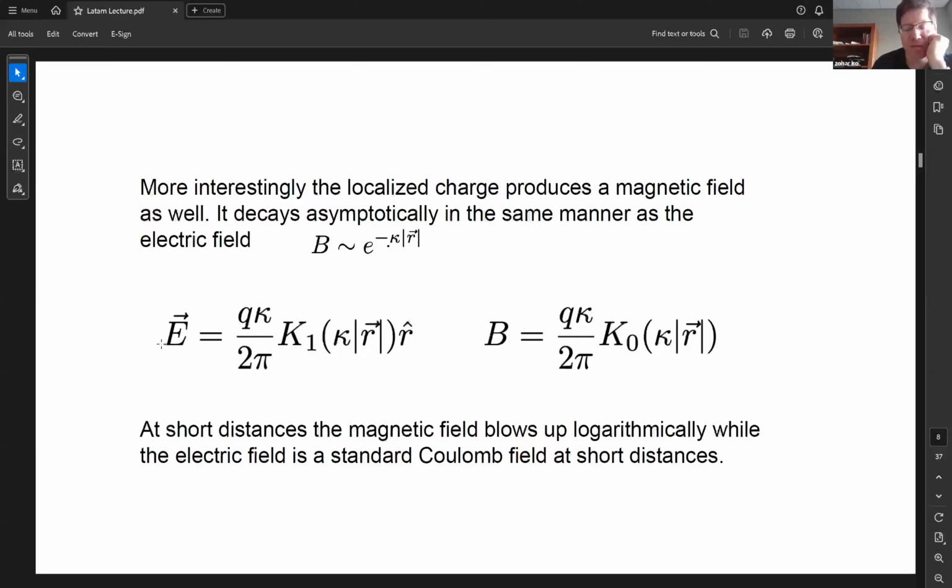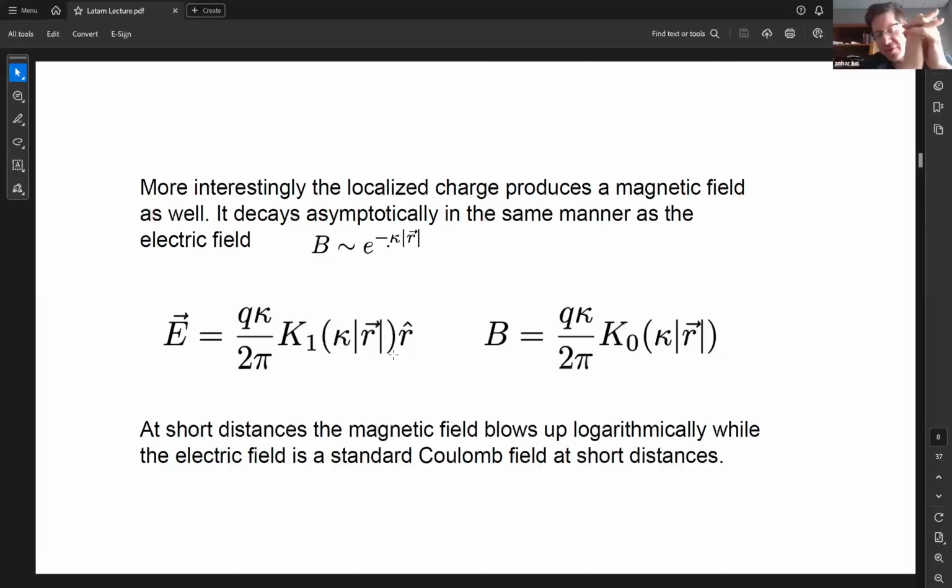And if you want to be precise, instead of just putting squiggles, these are the actual solutions of the equations. The electric field goes like the first Bessel function, and the magnetic field goes like the zeroth Bessel function. The electric field at very short distances looks like a Coulomb field. So very close to the source, this Chern-Simons Maxwell theory behaves like Maxwell's theory.